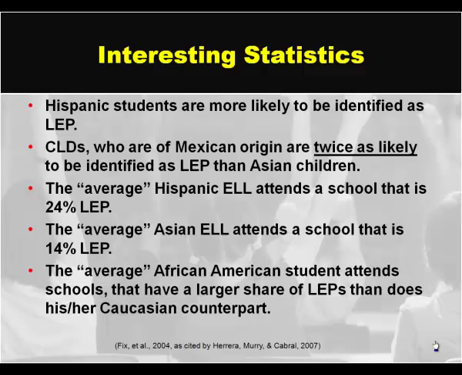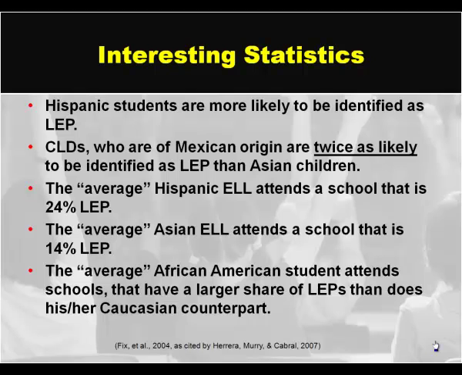Here are some interesting statistics. Hispanic students are more likely to be identified as LEP. CLDs who are of Mexican origin are twice as likely to be identified as LEP than Asian children. The average Hispanic ELL attends a school that is 24% LEP.